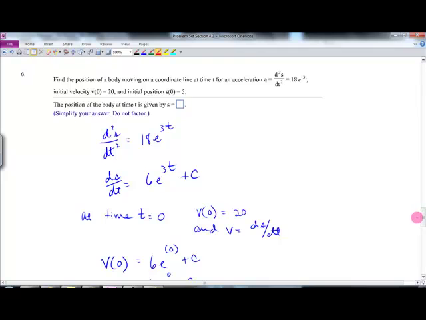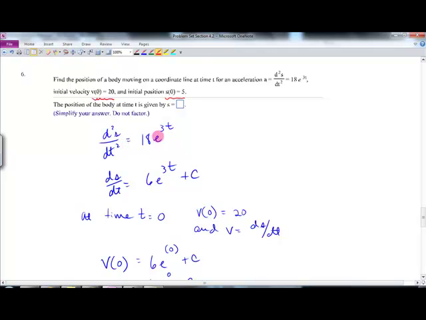Let's kind of do the same thing here. Find the position given that acceleration is 18e to the 3t. So acceleration is the second derivative. And they do give you a couple of things. They give you that v of 0 is 20 and s of 0 is 5. All right.